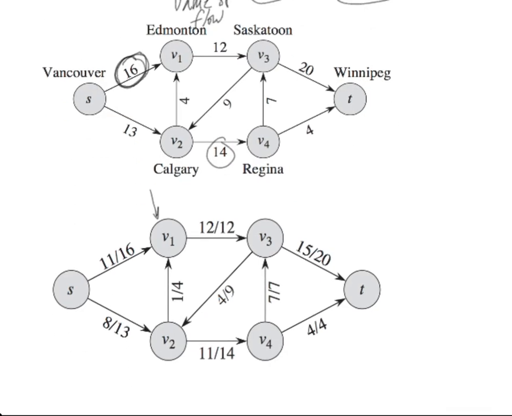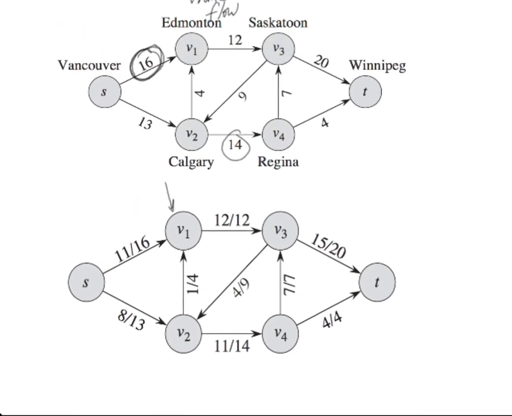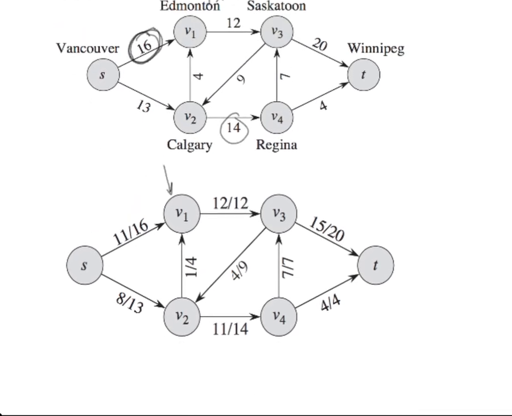So let's look at the value of this flow here at the bottom. We have 11 coming out of S and 8 coming out of S, so the value should be 19. Let's confirm that with the target: 15 going into the sink plus 4 going into the sink, and that's 19. So yes, the value of the flow is 19.